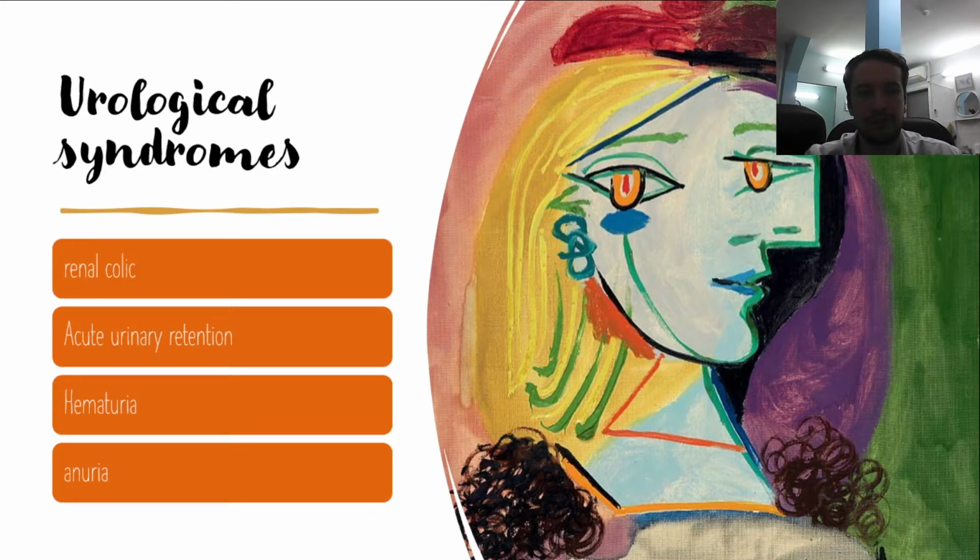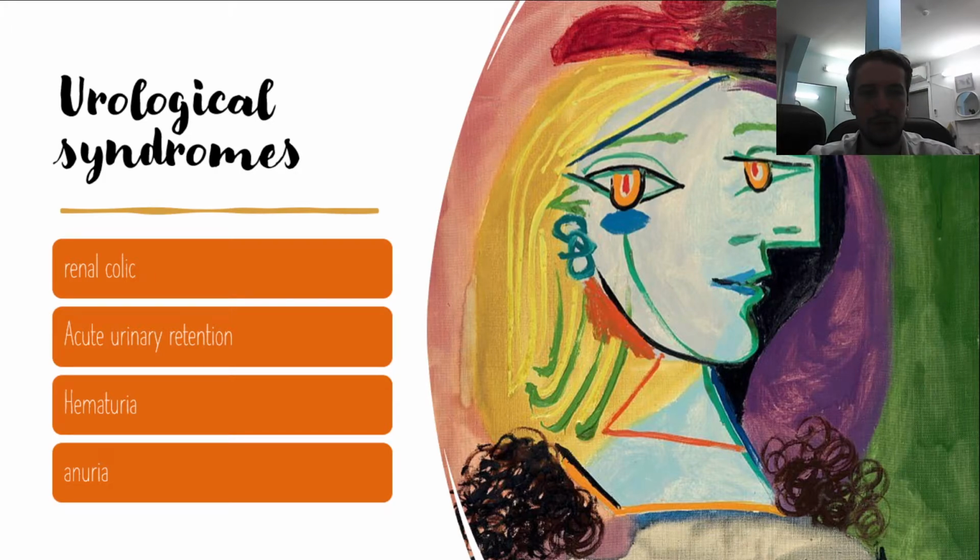Hematuria is blood in urine, and anuria is when the patient has a problem with urine, a problem with the kidney, for example, when he can't make urine.